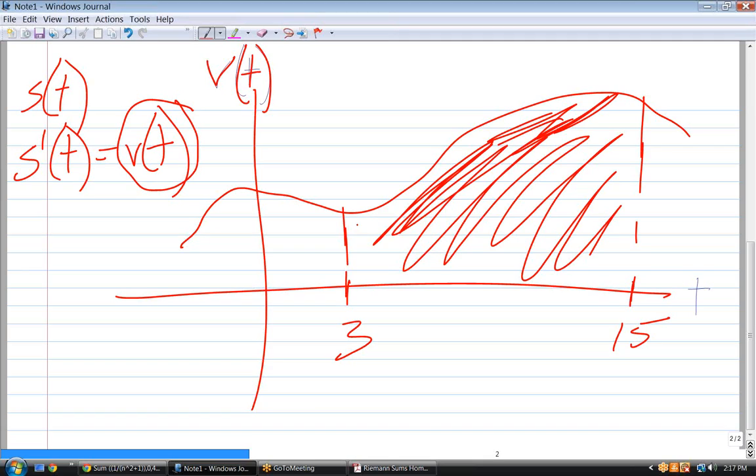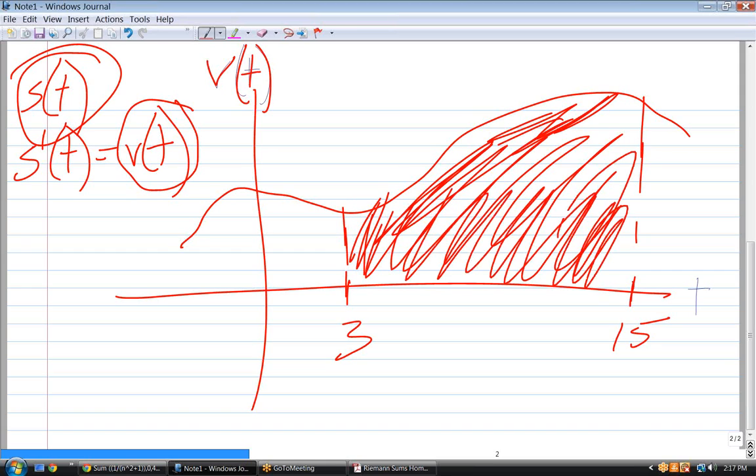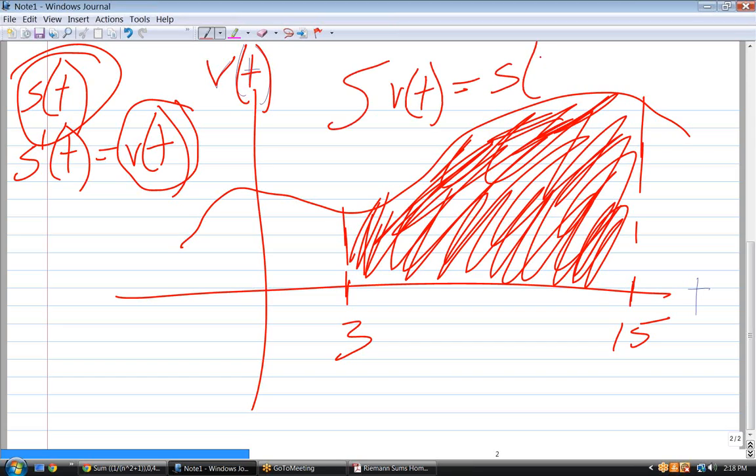In other words, if I take the integral of the velocity function, I get the position. So taking the integral of the velocity function is the same thing as finding the area under the curve. That's what integration means, is you find the area under the curve. So when I look at the area under this curve, I'm looking at the total distance traveled. Yeah, I think I understand.